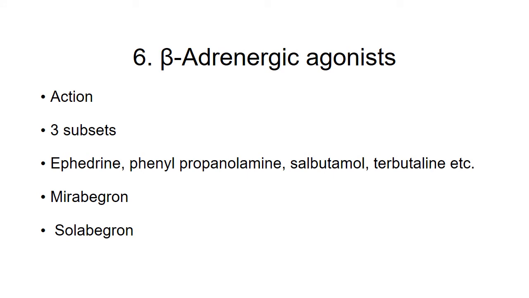Then comes the beta adrenergic agonist action. It causes the relaxation of the detrusor muscles and it increases the bladder capacity. There are three types of beta receptors: beta 1, beta 2, and beta 3. Examples are ephedrine, salbutamol, etc. Mirabegron is a beta 3 agonist which is useful in the treatment of detrusor overactivity.